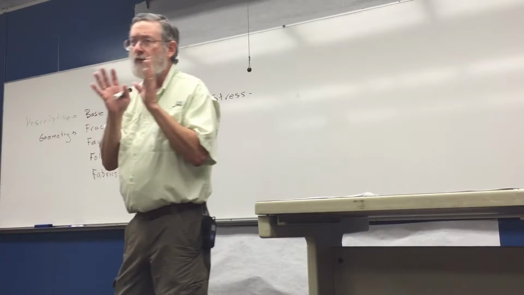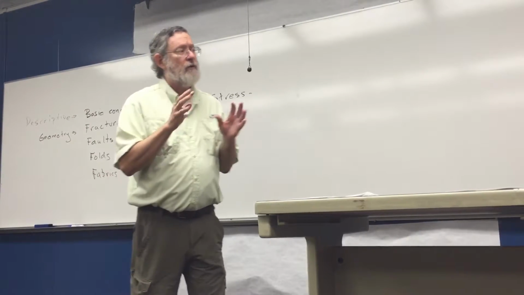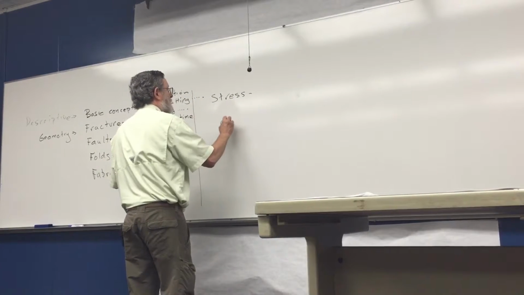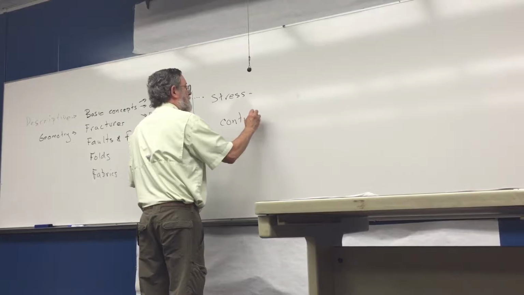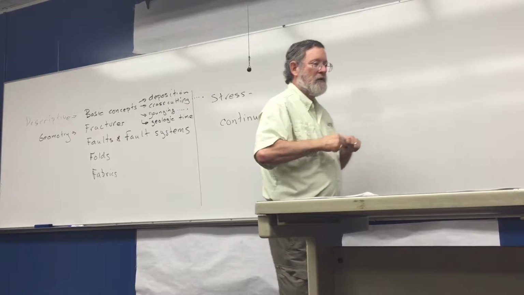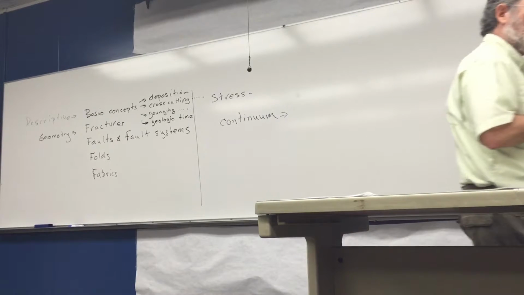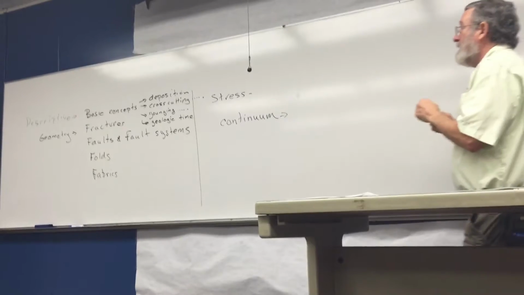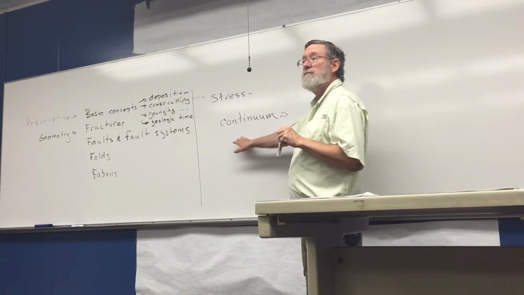We're going to keep things in terms of the continuum. And I know that is perhaps not the perfect description, particularly for structures that we see geologically, but we're going to assume that we have a continuous material.